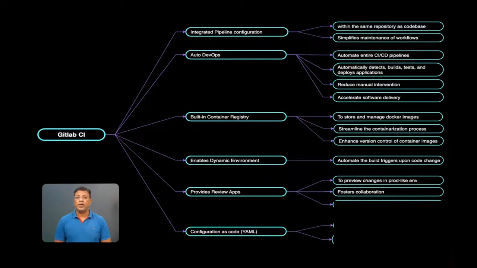GitLab CI/CD includes a built-in container registry, allowing developers to store and manage Docker images directly within GitLab. This integrated registry streamlines the containerization process and enhances version control of container images.